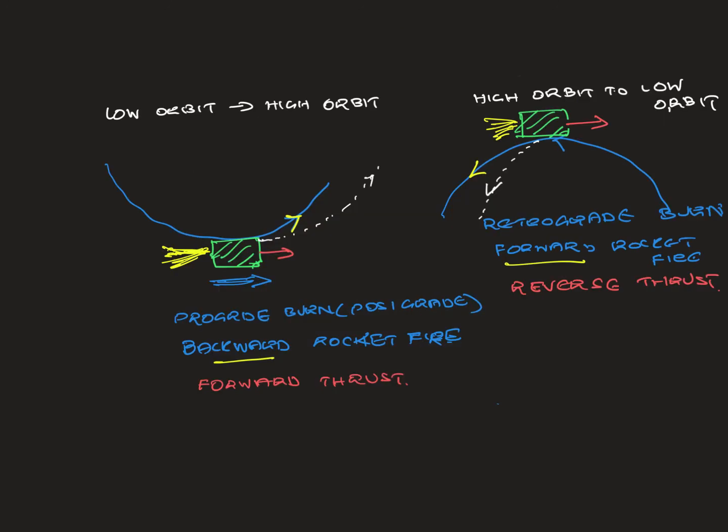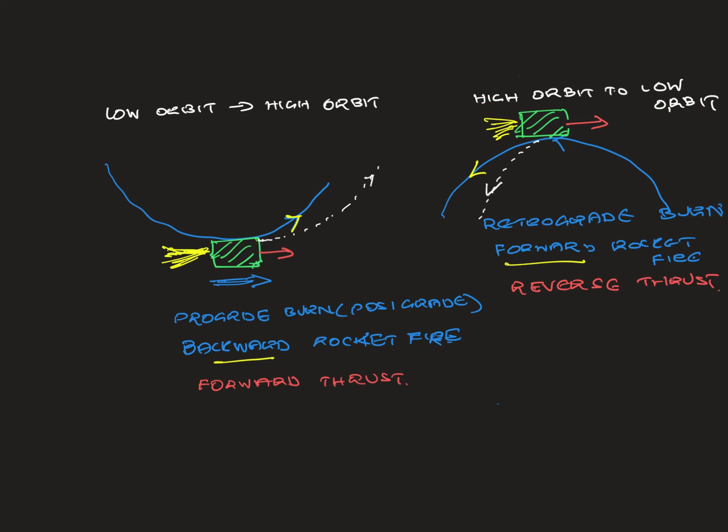So this is the actual difference between prograde, or we say posigrade, and retrograde burns. Posigrade or prograde burns are used to get a satellite from low orbit to high orbit, and the retrograde burn is used to get a satellite from high orbit to low orbit.